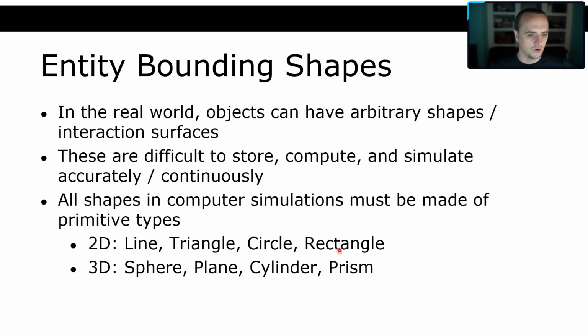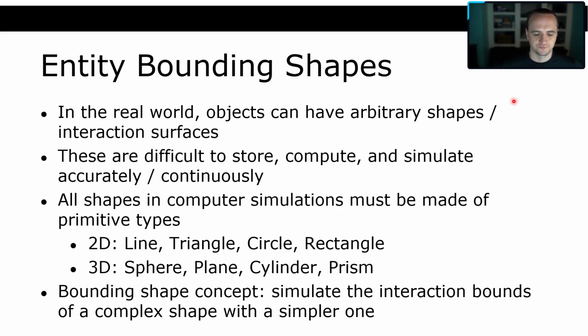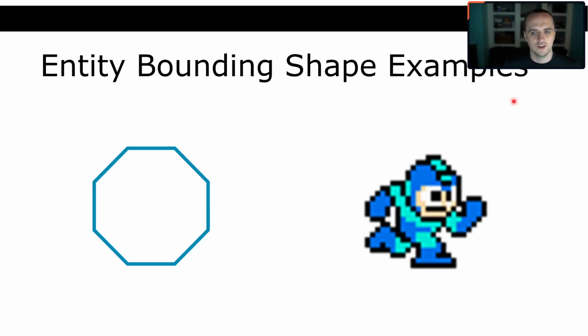But for this course, we're only interested in 2-dimensional stuff. So the bounding shape concept is going to be, we're going to simulate the interaction bounds of a complex shape with a simpler one. So, for example, if we have here an octagon, right? So we have an octagon shape, or over here, we have the Mega Man shape.